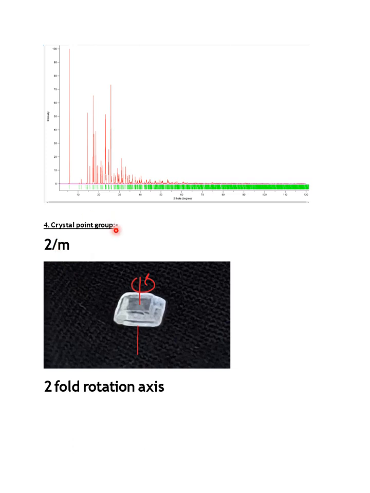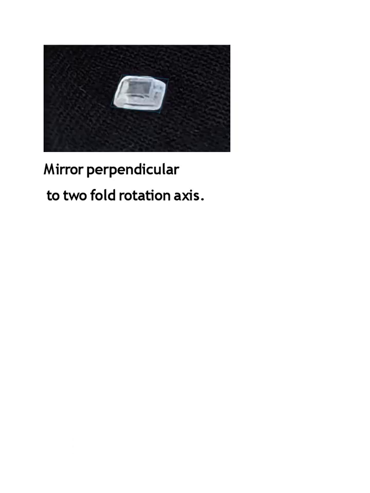Here it is 2/m. This is the monoclinic system. As we can see here, this is the two-fold rotation axis which is passing through the center of the crystal system, and this is the perpendicular mirror plane. This is the mirror plane which is perpendicular to the two-fold rotation axis.